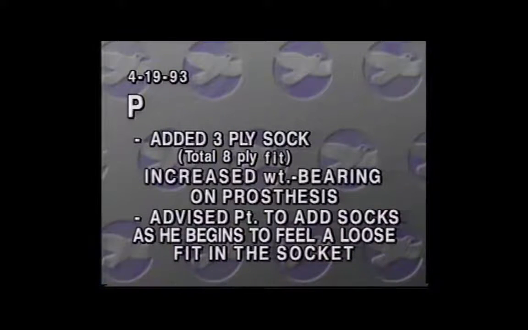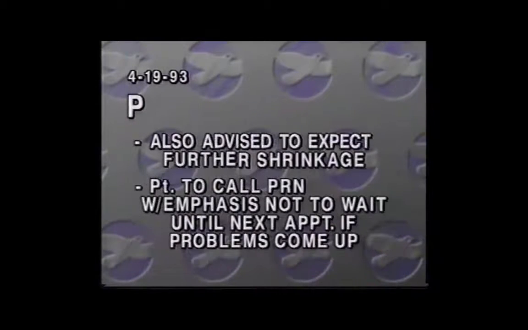I advise the patient to add socks as he begins to feel a loose fit in the socket, and I also advise the patient to expect further shrinkage. The patient is to call me whenever there's a problem, with emphasis, not to wait until his next appointment if any problems come up. And then I set an appointment for 2 weeks later, again on 5/3/93. I signed it with my credentials.